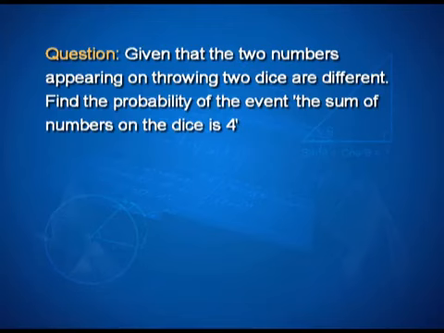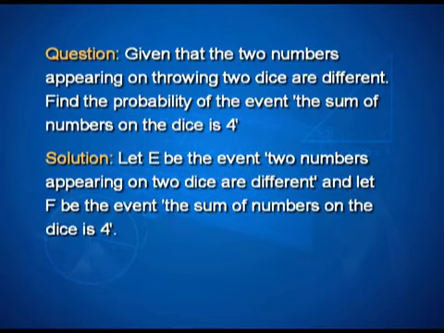So, if I start with event E to be 2 numbers appearing on 2 dice are different and F as the event sum of numbers on dice is 4, then I need to find the probability of F given that E has happened. E, non-doublets, 30 such cases. So, the number of elements in set E would be 30.